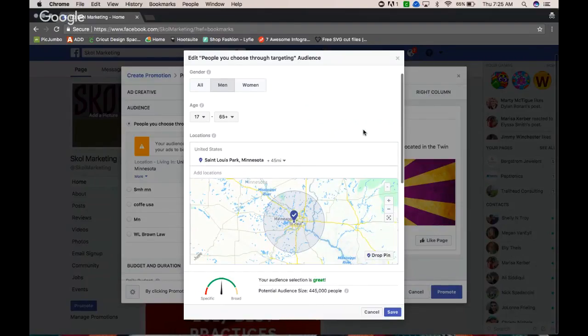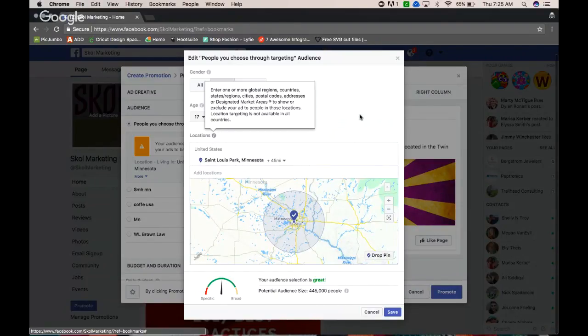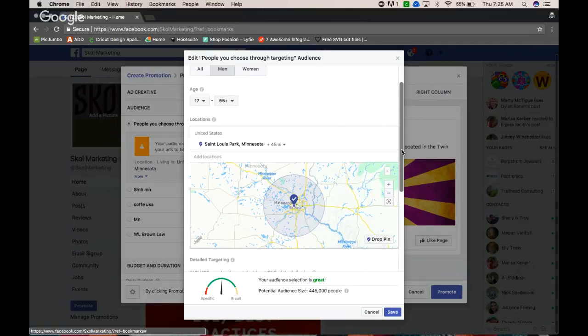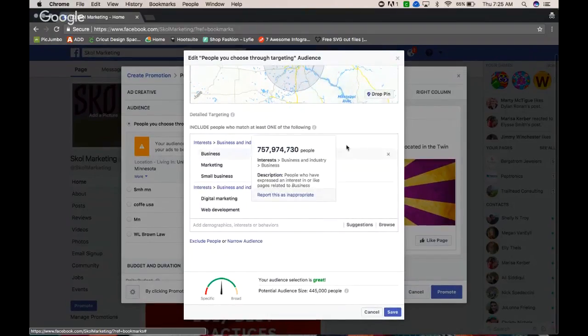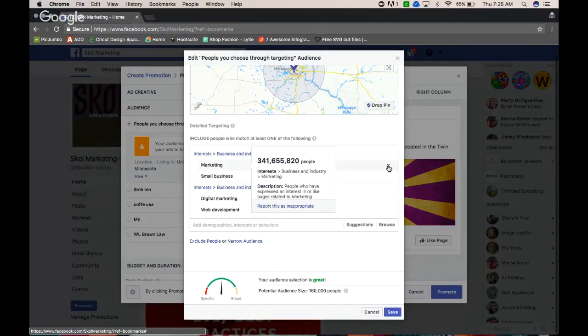So I'm going to go after just men ages 17 to 65 plus with a 45-mile radius around St. Louis Park, Minnesota. I was already playing around with this, so there are already some interest levels in there.